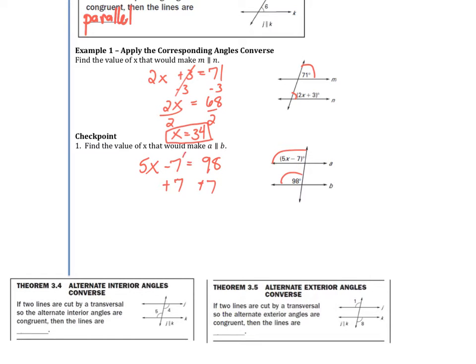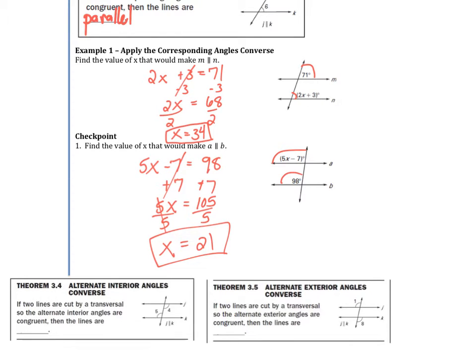Negative 7 plus 7 cancels. 5x equals 105. 5 times x, how do you cancel out a times 5? Divide by 5. So x equals 21. So if x is 21, then the lines are parallel.